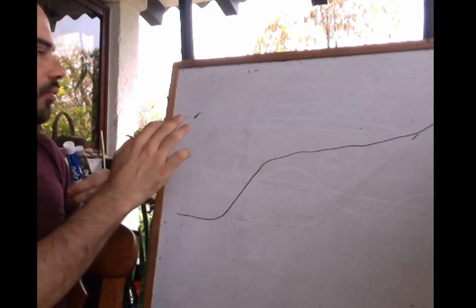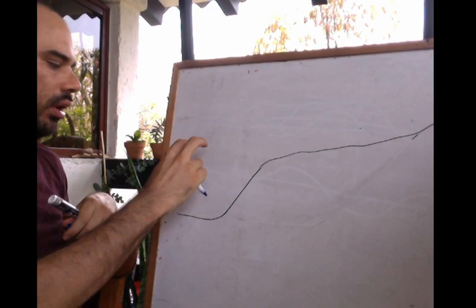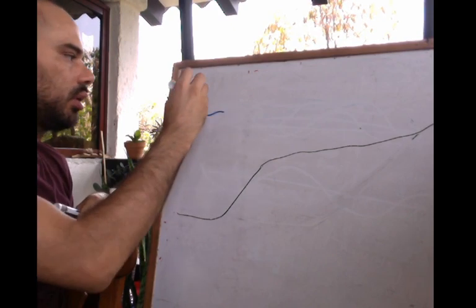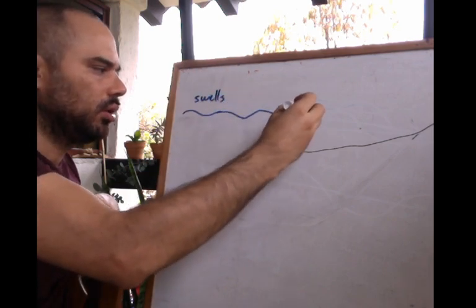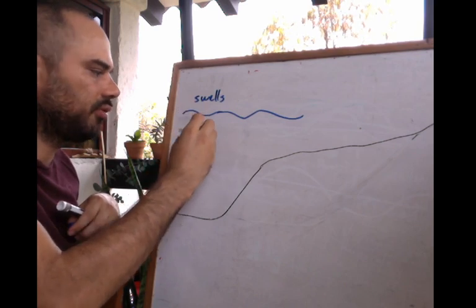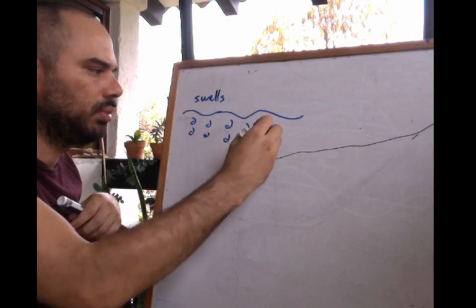So when we have a lot of water in between, we have these swells that don't break so much. They are not breaking. Why? Because remember, the circular motion has not been interfered with. There's a circular motion here below.